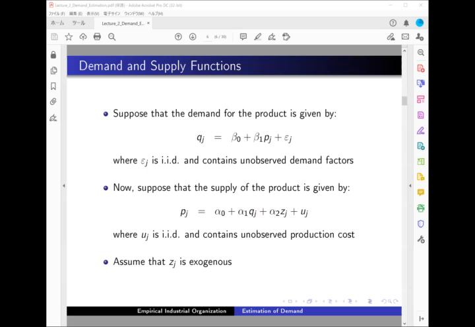The coefficient parameters alpha 1 and alpha 2 are both expected to be positive if the marginal cost of production is increasing in output, and also the cost of production is increasing in input price. We are going to assume that input price is exogenous, such that variable Z is uncorrelated with unobservable U and also with epsilon.